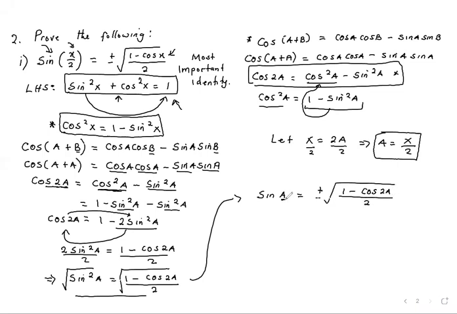Now, where there is A, we are saying it is the same as x over 2. So we'll have sine x over 2 is equal to plus or minus the square root of 1 minus, where there is 2A, we started by letting x be equal to 2A.